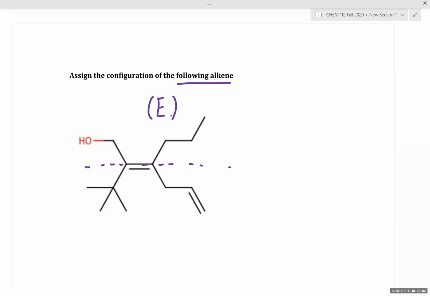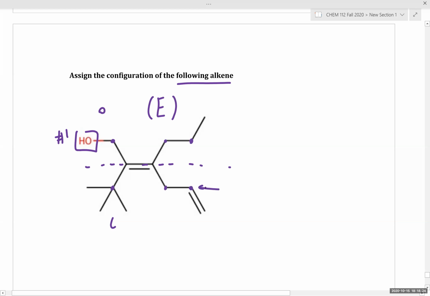Okay, so let's discuss. So in terms of priority, this one's a bit of a tricky example because if we look at our carbons, these two carbons are the same, and we have oxygen attached versus carbon attached. So this top group is priority 1. In the second case, we're tracing down our carbons.